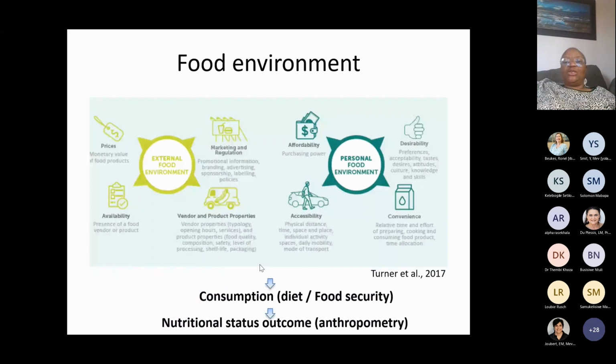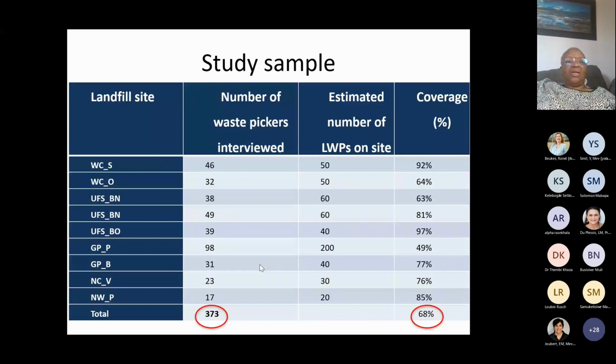Okay, the previous slide also shows the provinces where they did this research, which were Western Cape, Free State, Northwest, Gauteng, and a little bit of North Rand.